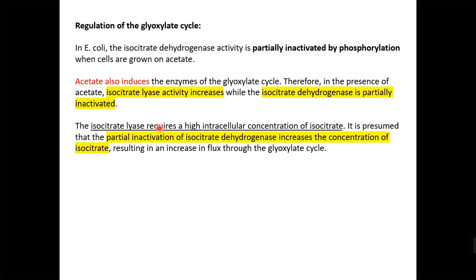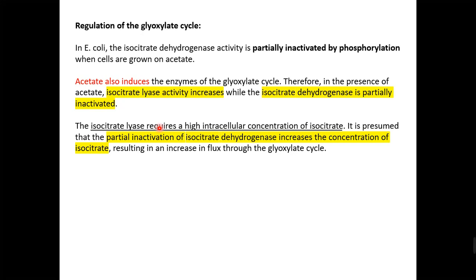This glyoxylate cycle is regulated by partial inactivation through phosphorylation. In E. coli, the isocitrate dehydrogenase activity is partially inactivated by phosphorylation when cells are grown on acetate.